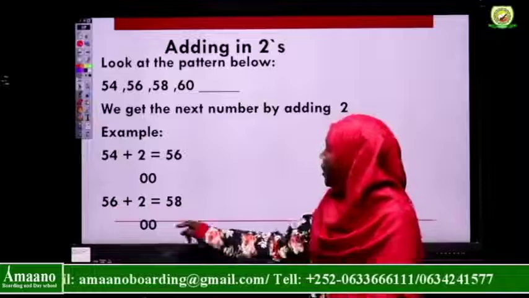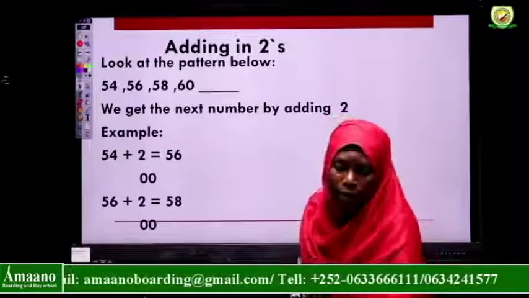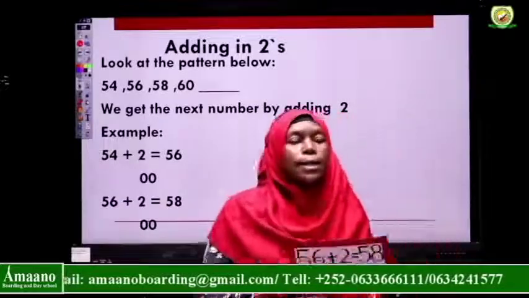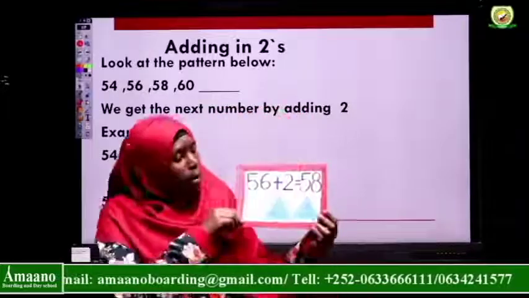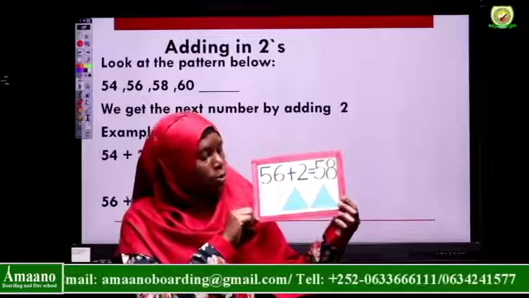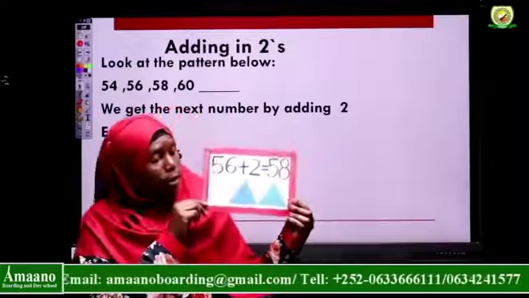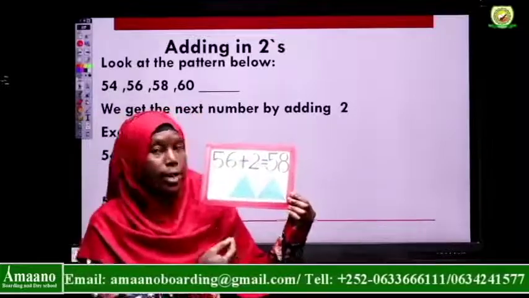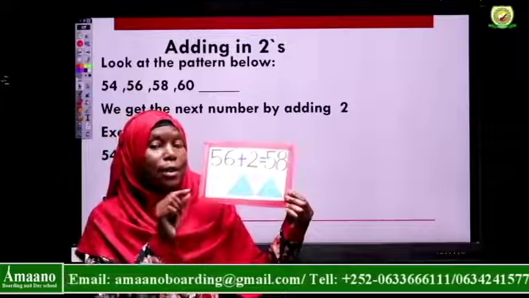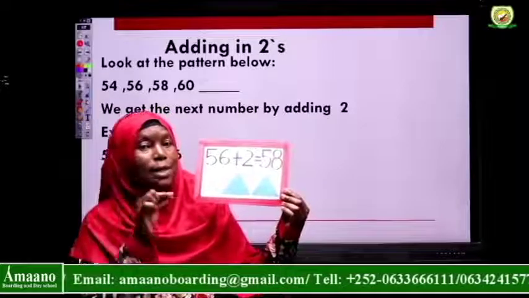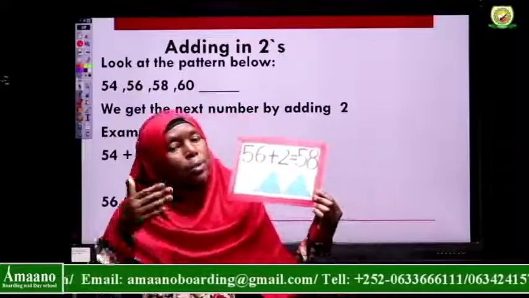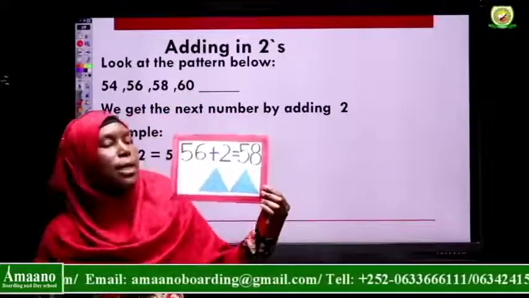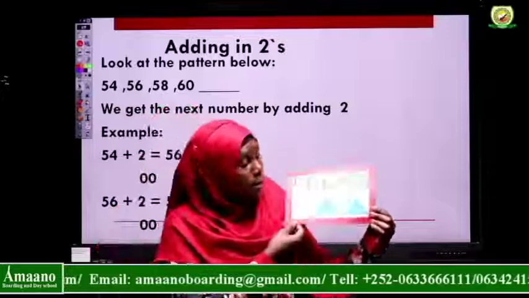Now, explanation number 2. We have 56 plus 2. Again we have two triangles under there. Remember, it is our number patterns today, but we are strictly adding twos. After every number, you keep on adding 2, 2, 2, so that you can get to the next answer.